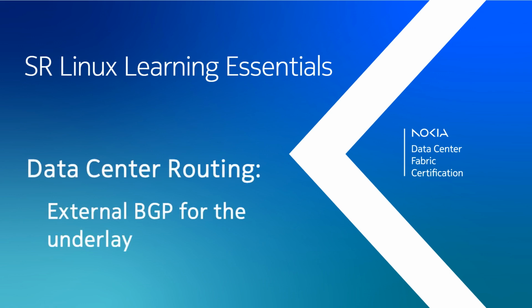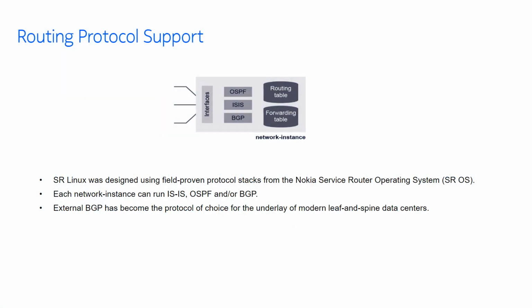This video explains how to configure external BGP, or eBGP, as the underlay routing protocol on the SR Linux router. While ISIS and OSPF can be used as the underlay routing protocol, BGP has become the protocol of choice for the underlay of modern leaf and spine data centers.